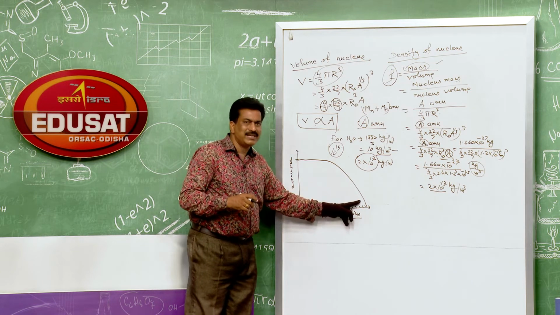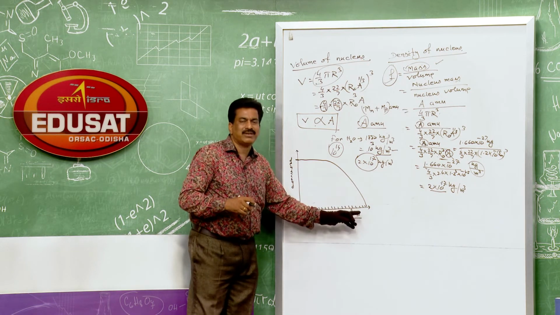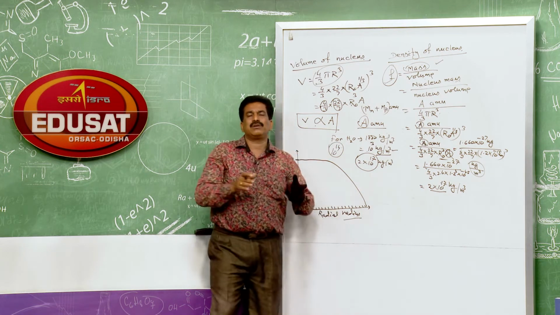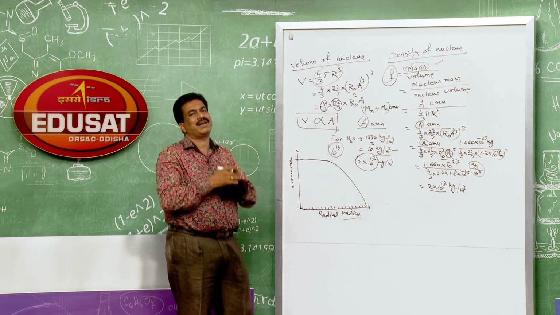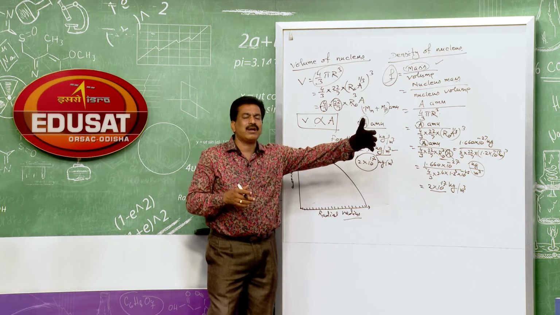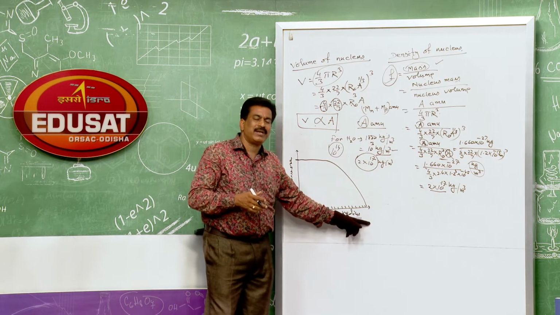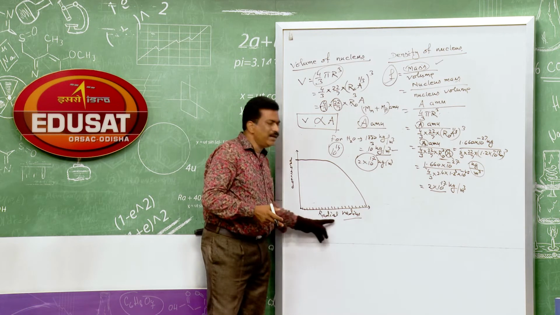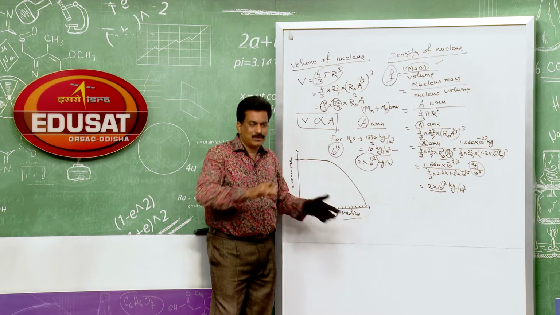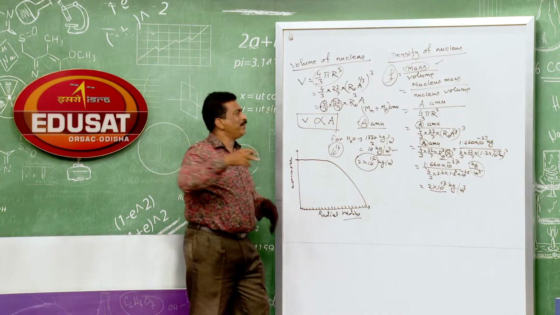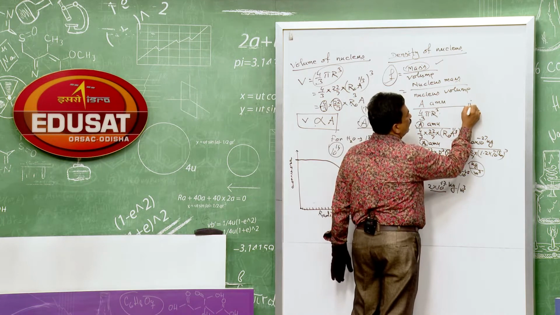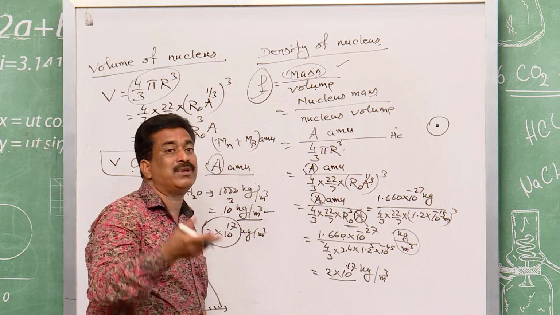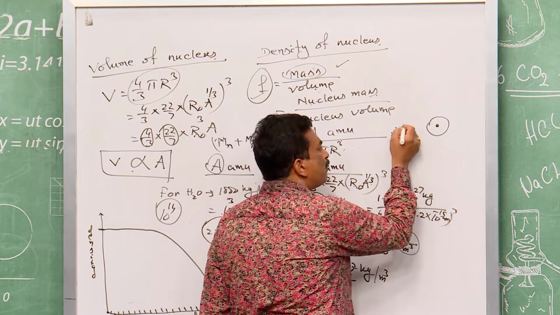So when the density decreases, the radius increases, therefore we will say that the size of the nucleus is not completely spherical. As we go to the higher elements, the radius increases. For the higher elements the number of protons and neutrons is more, so the nuclear force of interaction will be more, so the radius increases. Because if this is the helium and this is the nucleus, and the nucleus has more nucleons, then the repulsive force will be more.